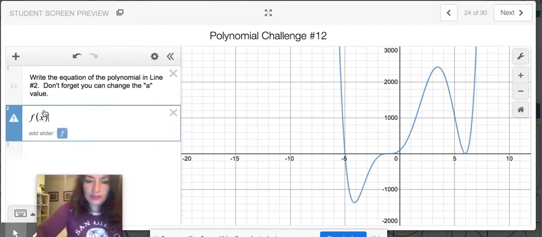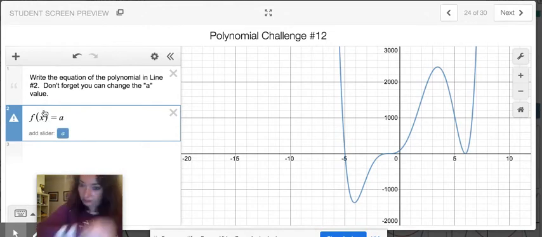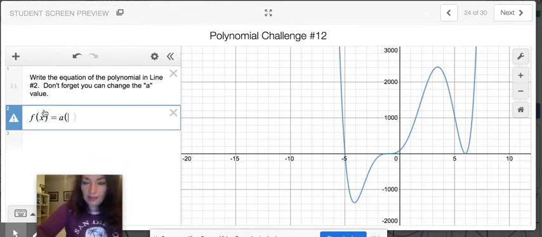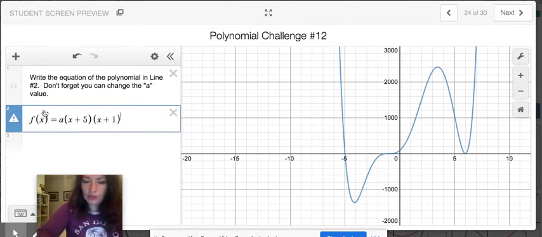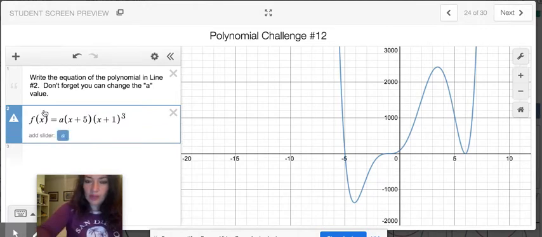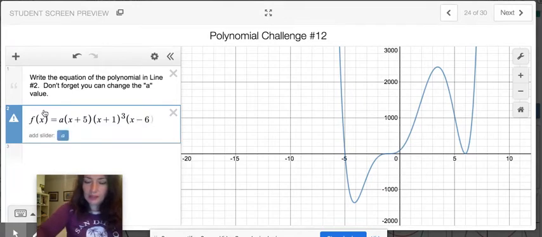So f of x is equal to some a value. We have a pass at x plus 5, and then we have a bend at x plus 1. We're going to raise that to the cube. And then we have a bounce at x minus 6.